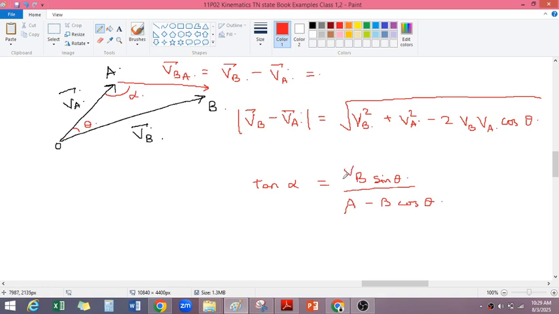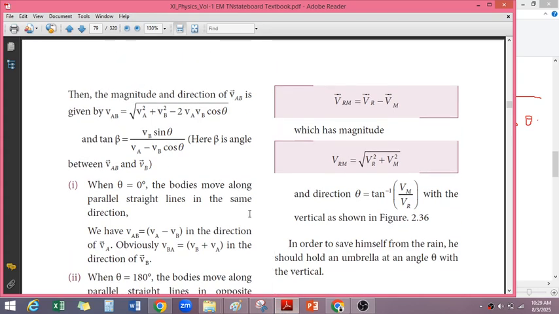So I will write this as VB sin theta over VA minus VB cos theta. If you remember the original formula, I talked about vector addition some time back. Vector addition, vector subtraction, go back and study that. So check the formula.